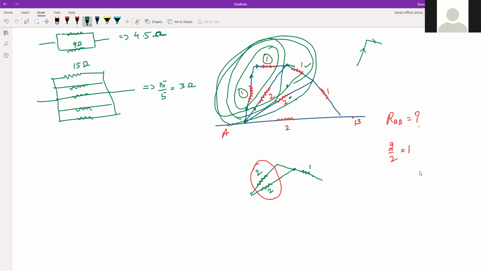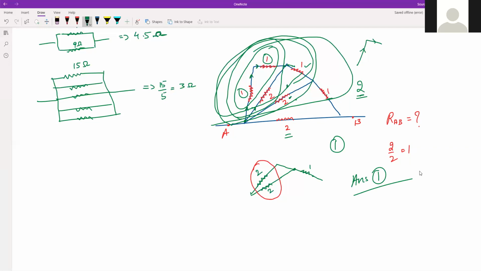And then that one and this one are in series. So these together will be 2. So the equivalent of all this above is 2. And then this 2 and this 2 are in parallel. So the equivalent of these two will be 1. So our answer will be 1.